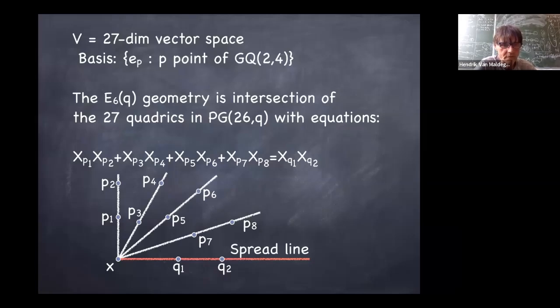So the points of one monomial, let's say x_p1 x_p2, the p1 and the p2 are just collinear. They are just on the line with x. p3 and p4 also on the line with x. But then, of course, there is one term on the right-hand side, and I have to know which one this is. And it is precisely the one that corresponds to the spread line through that point x, because there is a unique spread line to every point.